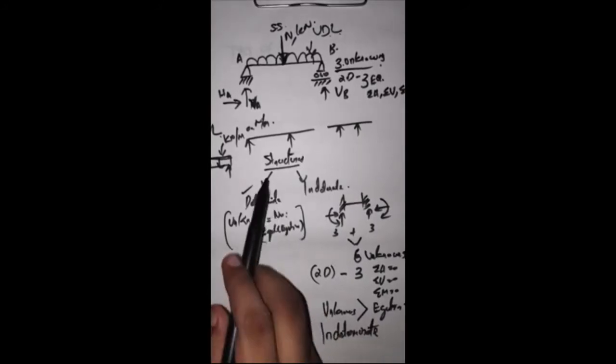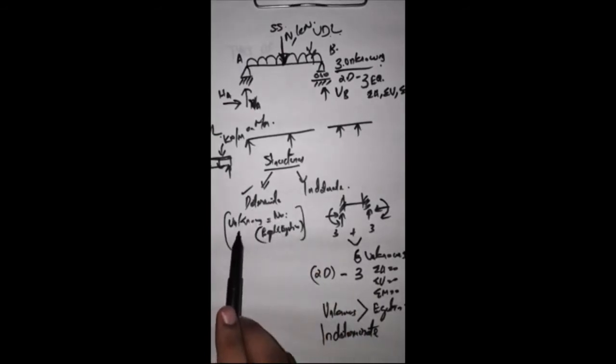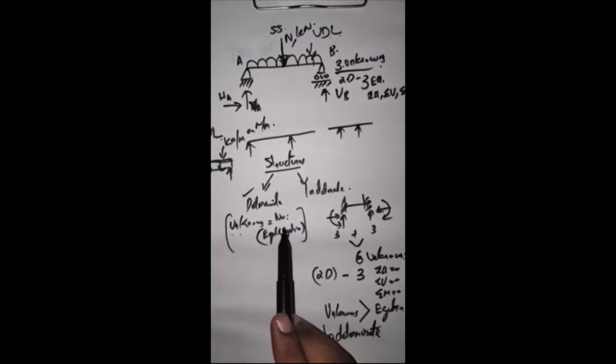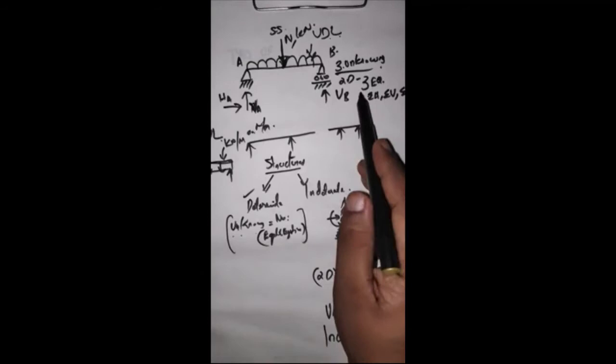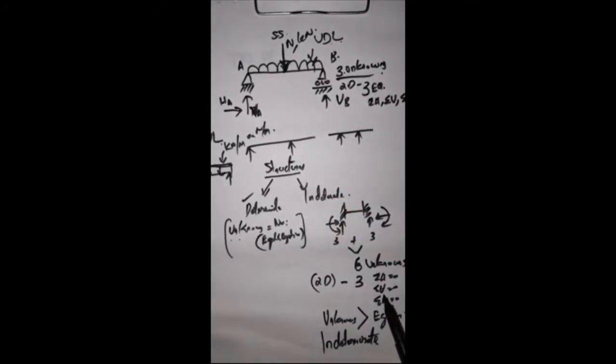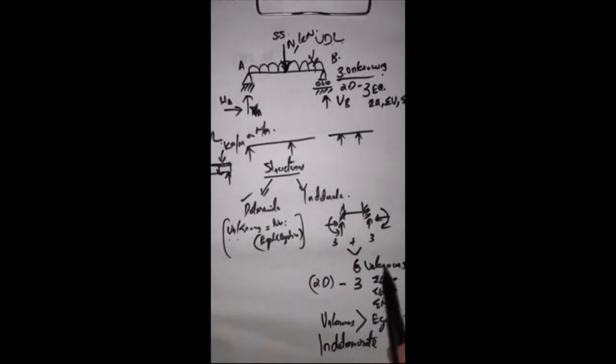So structures are divided into two, determinate and indeterminate. Determinate means the number of unknowns, the reactions, is equal to the equations, so we can find the reactions by using the equilibrium equations: sigma H is equal to 0, sigma V is equal to 0, and sigma M is equal to 0. If the number of unknowns is more than our equations, it is indeterminate.